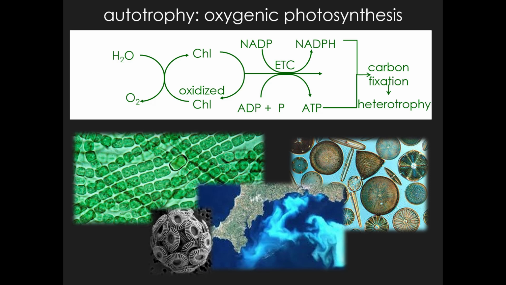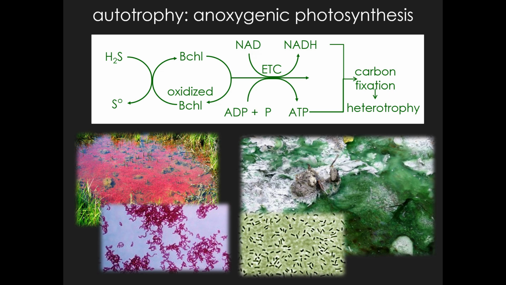In addition to some bacteria being able to undergo oxygenic photosynthesis, we learned today that they are also capable of something called anoxygenic photosynthesis, because instead of using water as an electron donor, they use hydrogen sulfide. So when they pull the electrons off of hydrogen sulfide, obviously they're not going to create oxygen, they create sulfur, which is a waste product, just like oxygen actually in this, but because it's not oxygen, this is called anoxygenic photosynthesis.